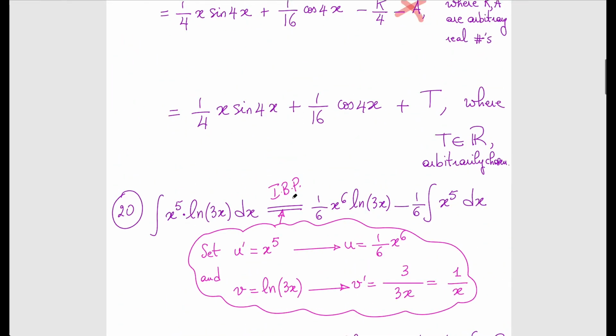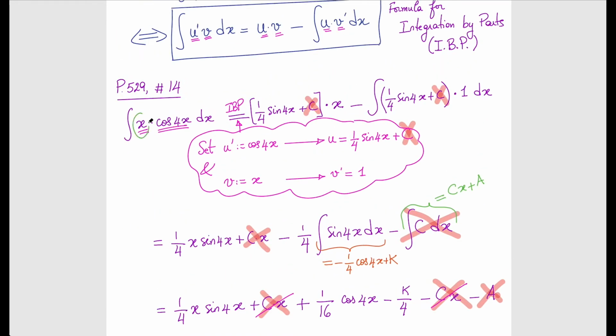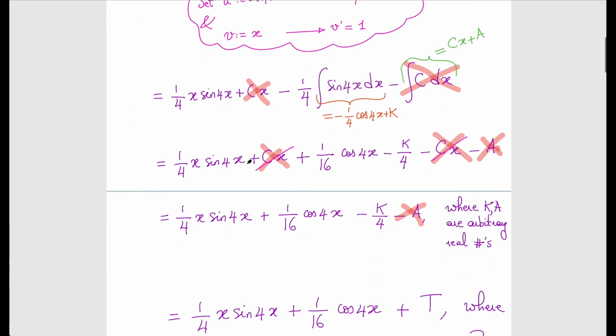And in the first example, we had x, which is algebraic, and cosine, which is trig. In ILATE, A comes first, so that plays the role of V, and the cosine plays the role of U prime. All right, so it's just an observation, but it's useful.